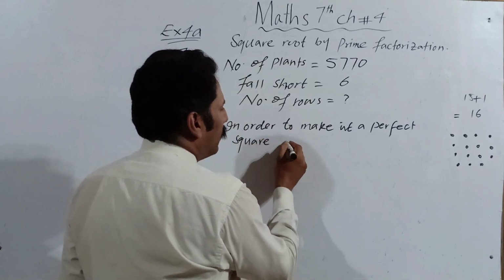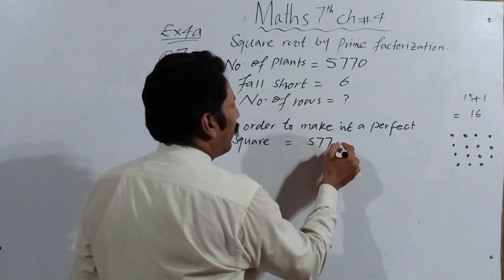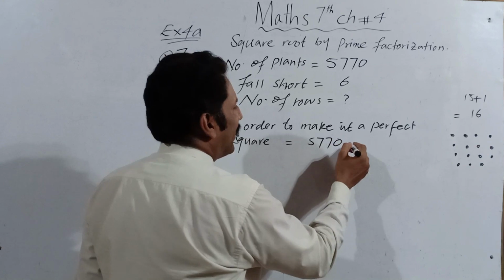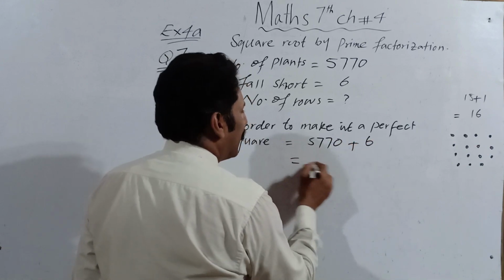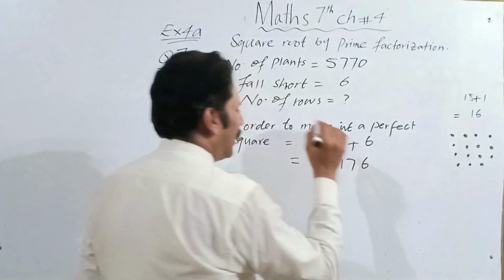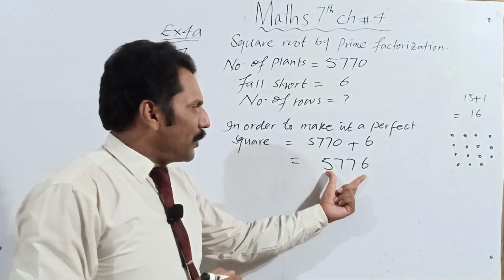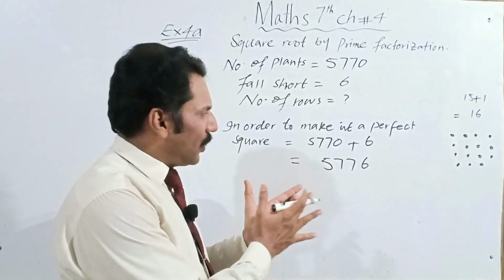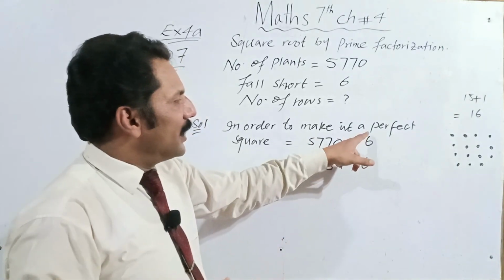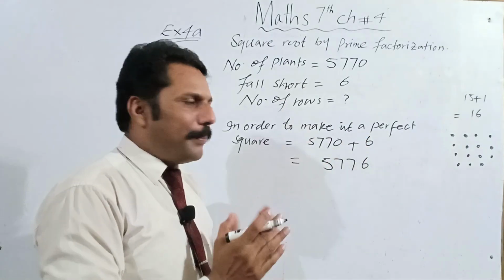What will we have to do? We will add 5770 and 6. The answer will be 5776. Now, in order to make a perfect square, he has to add these two because 6 plants were less with him.